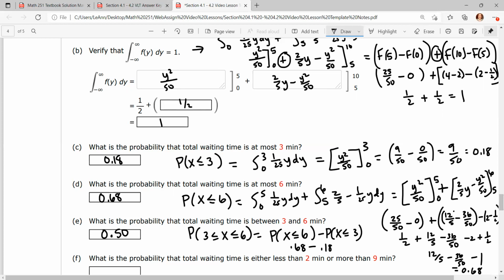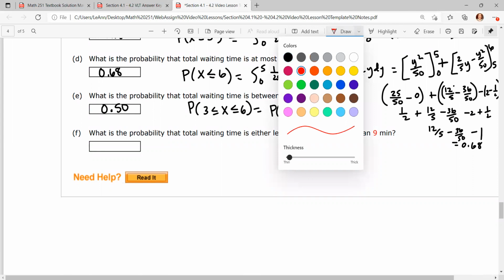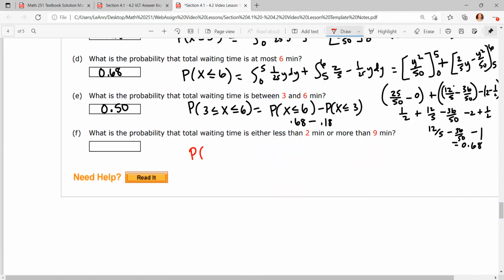And then what is the probability that the total waiting time is either less than 2 or more than 9? Let's change colors. So the probability that we are less than 2 or the probability that we are more than 9.